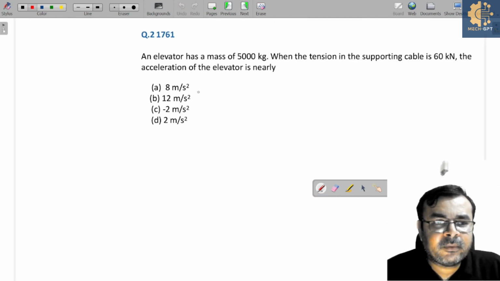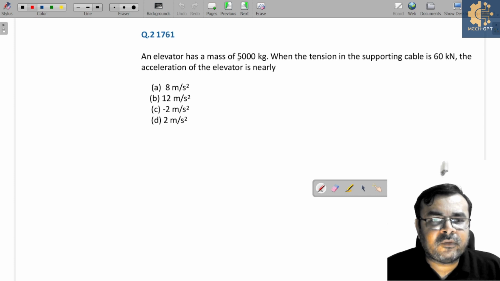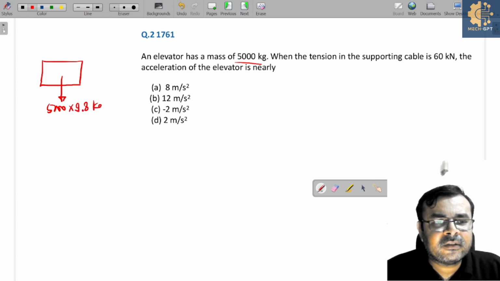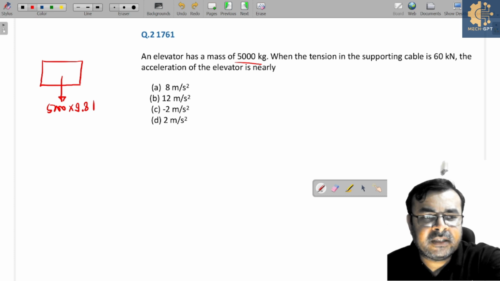Okay, so let's say another problem. An elevator has a mass of 5000 kg when the tension in the supporting cable is 60 kilonewton. You can see this is an elevator and its own weight is 5000 kg into, let's say if I multiply with 9.8 Newton, yes or no?